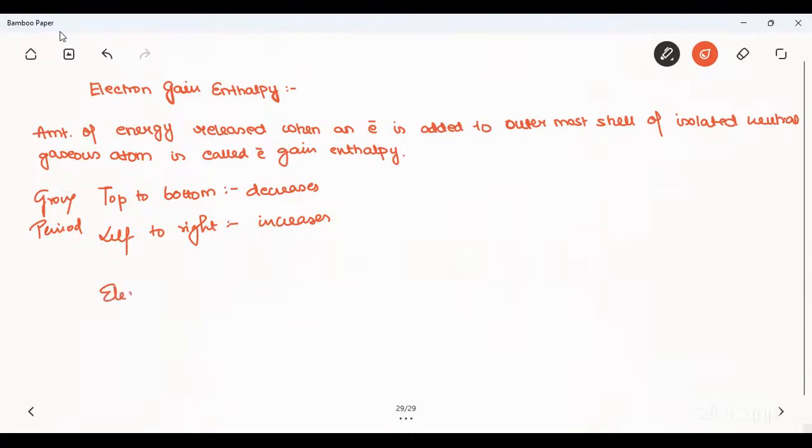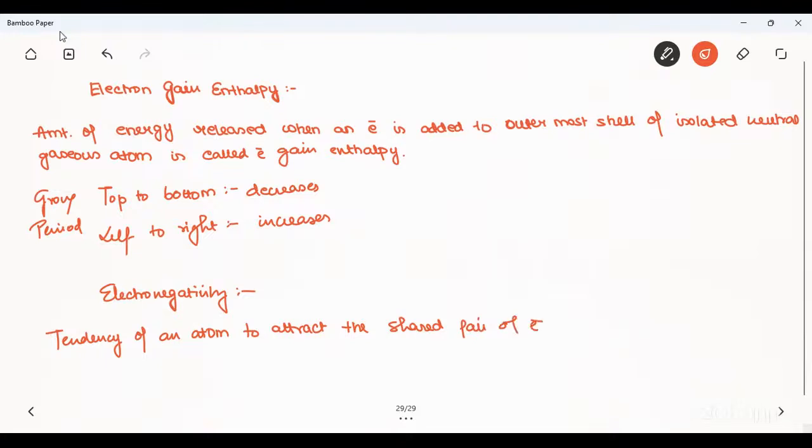Next is the electronegativity. Electronegativity is the tendency of an atom to attract the shared pair of electrons towards itself in a molecule.